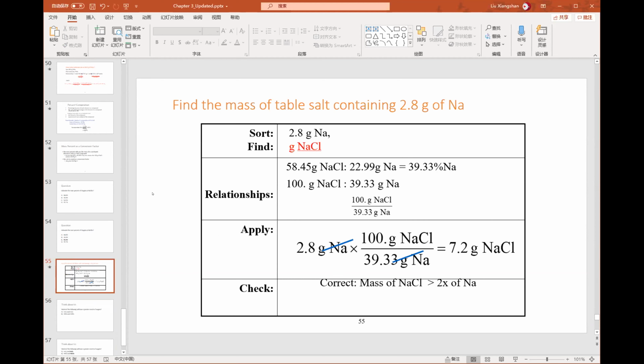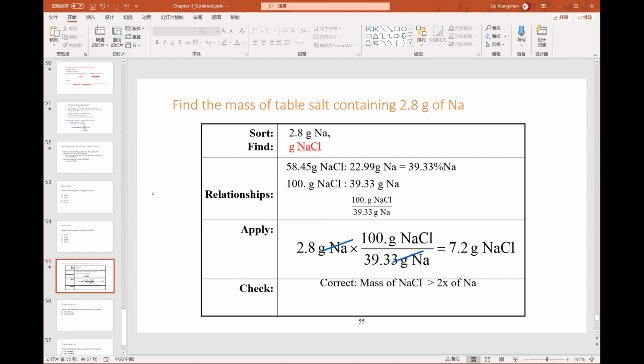As we just talked about, the mass percentage can be used as a relationship factor. So 58.45 grams of sodium chloride equals 22.99 grams of sodium, and that is 39.33% of sodium in the sodium chloride.